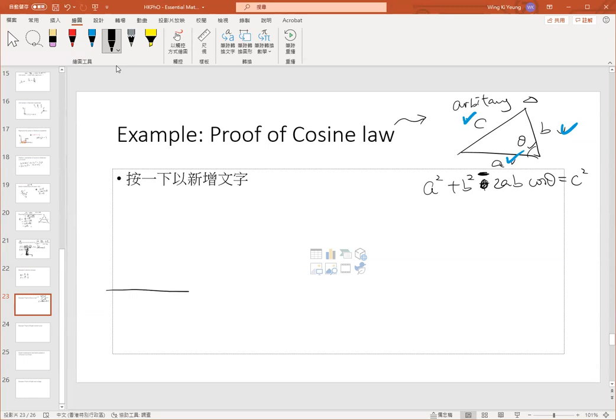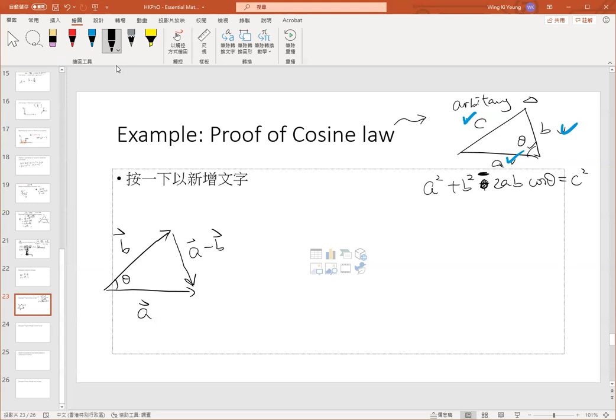Let's still draw a triangle, but using vectors. This is vector A, this is vector B. I hope you still remember, we just did it around 1 hour before. This vector is actually A minus B. This angle we call the angle theta.